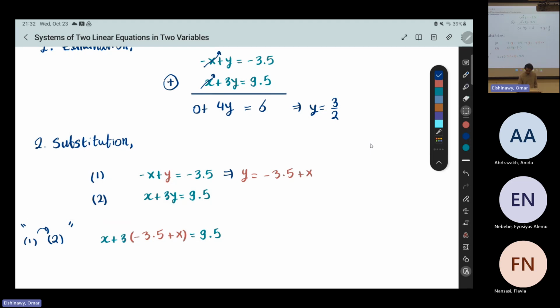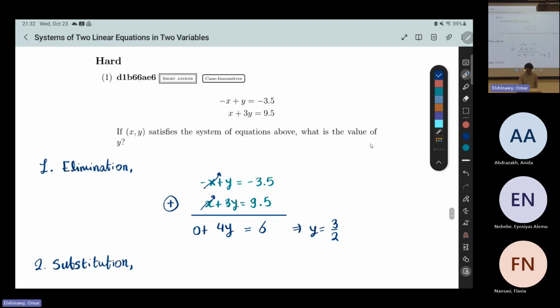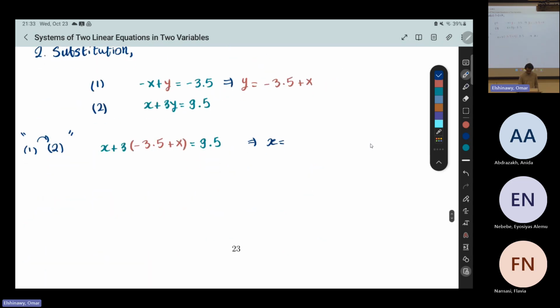And you can verify then that x will be equal to minus 5. So you get that x is equal to minus 5, and then you would plug in for y, and then you would get the solution.